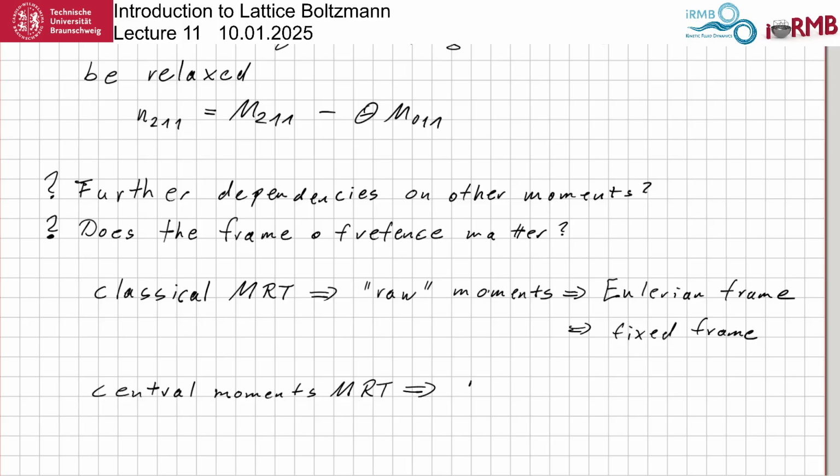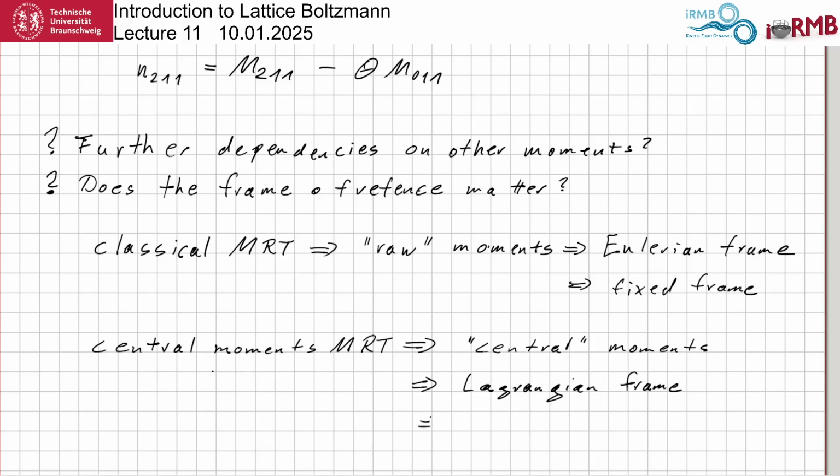So this is, I developed this in my PhD thesis using so-called central moments instead of these raw moments. So what's the difference? We are now in a Lagrangian frame. In a Lagrangian frame. And this is the material frame.